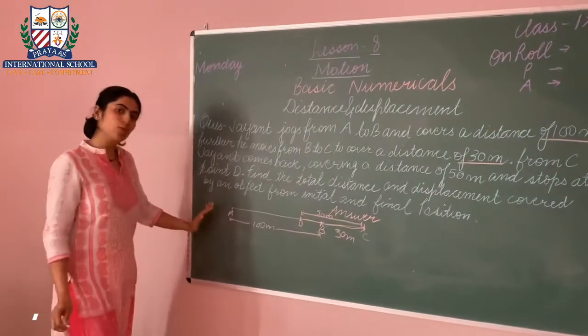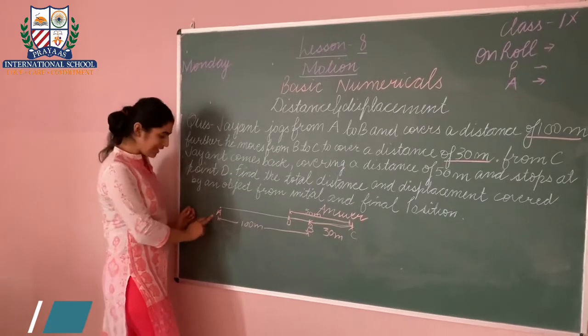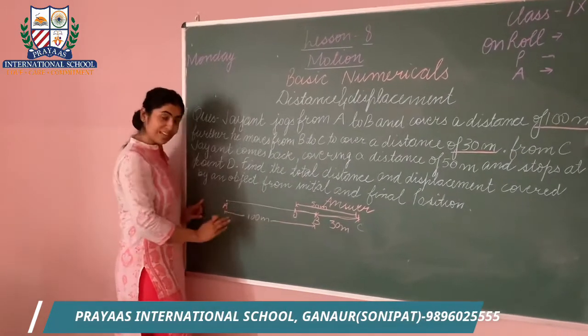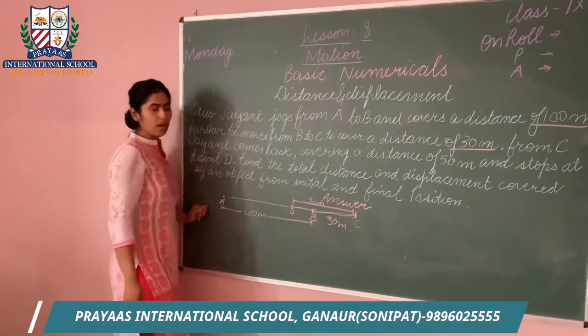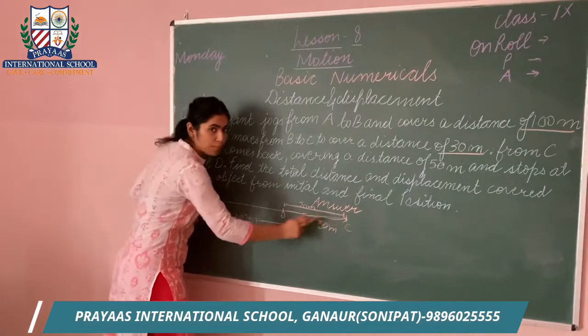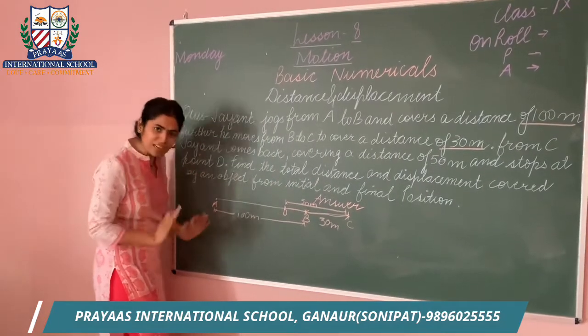So first we will calculate the distance. The initial position of Jayant was A and the final position was D. So how much distance did Jayant travel, starting from A, reaching from B to C and finally to D? We should be very clear what the initial point is and what the final point is.